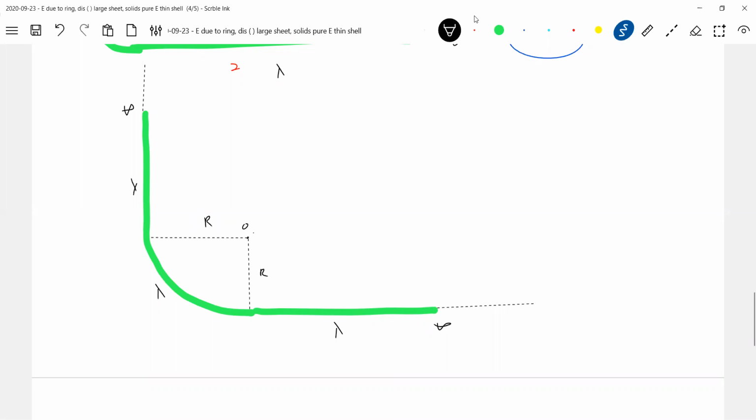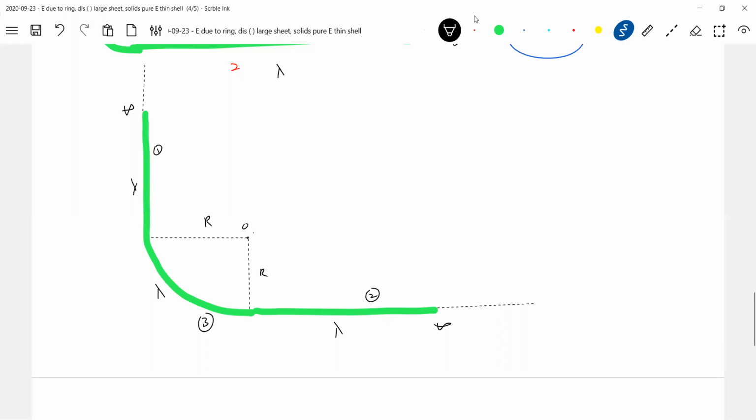So shall we break this up into two semi-infinite long wires and one quarter circular arc? Due to the quarter circular arc, we know the magnitude, it'll be like this. Due to the semi-infinite wires, let me give numbers. This is 1, 2, and let it be 3.